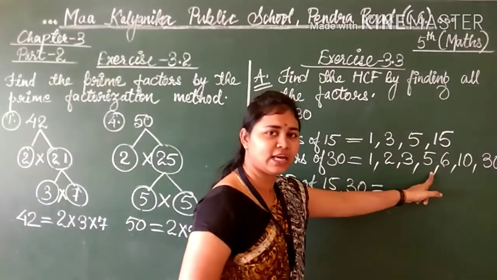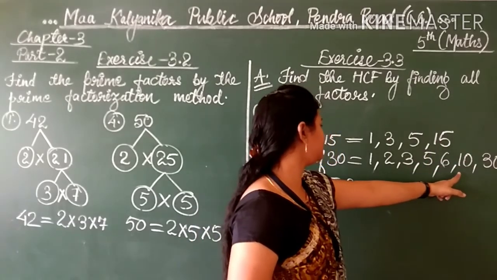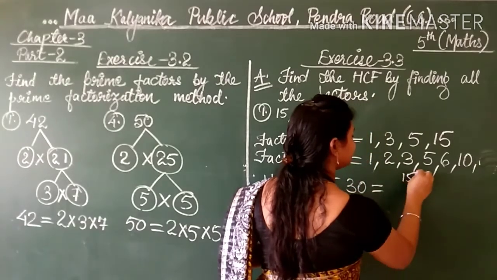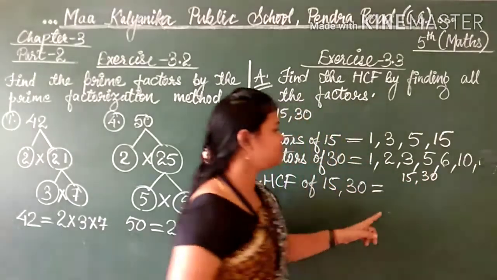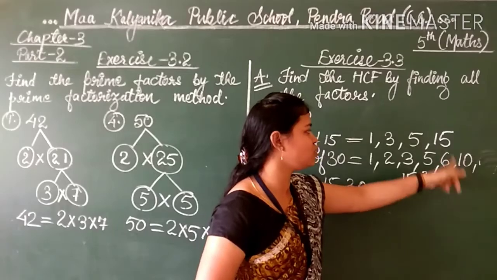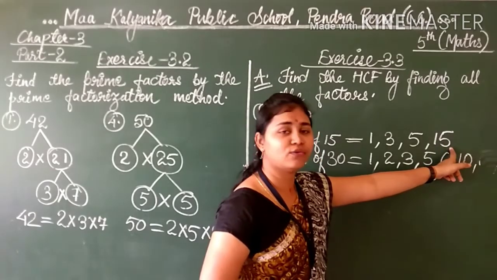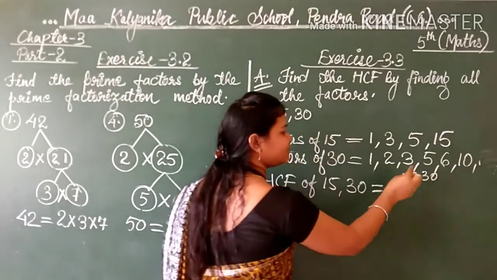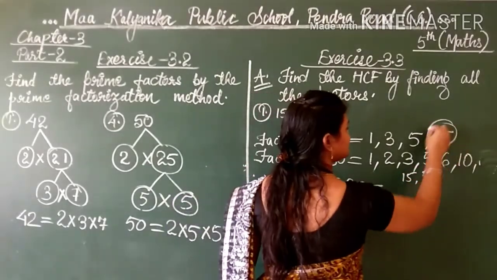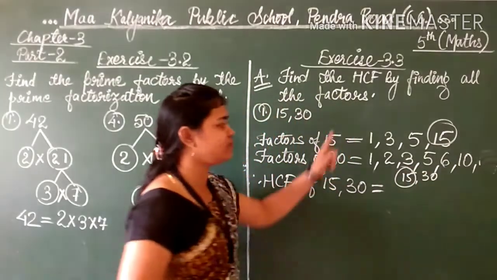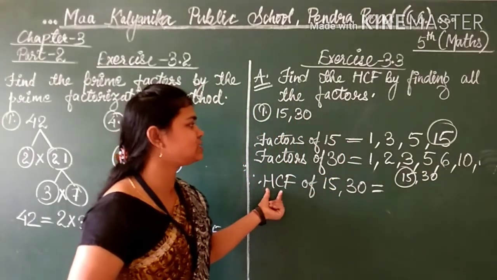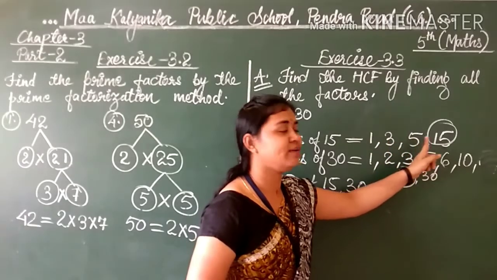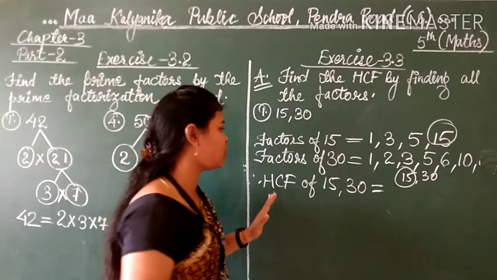Then 5 is there in both. 15, yes, 15 is also there. 6, no. 7, no. Now directly 15. So see students, 15 is here and 15 is here also. This is the greatest number which is common in both, means highest common factor. The common factors are 1, 3, 5 and 15, and 15 is the highest common factor.